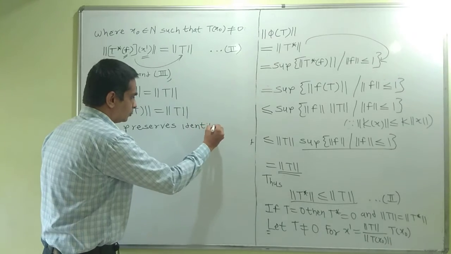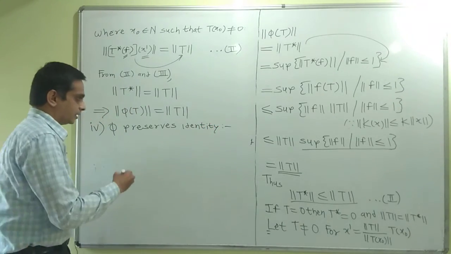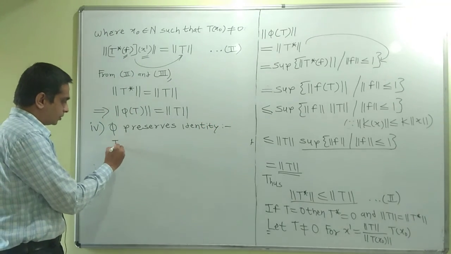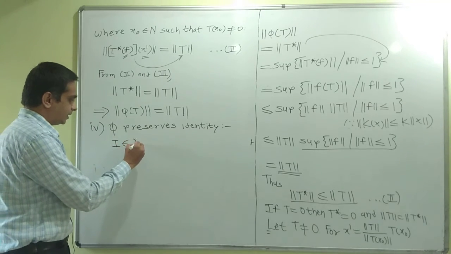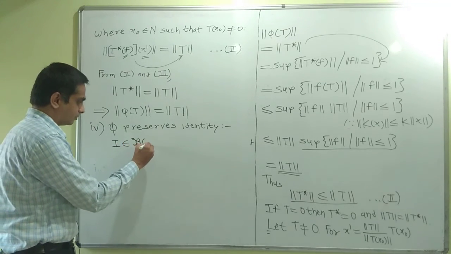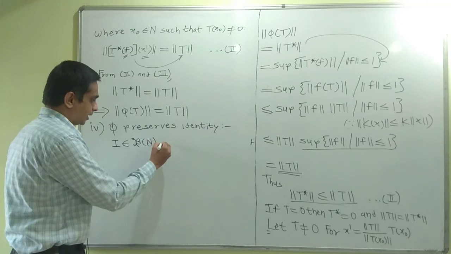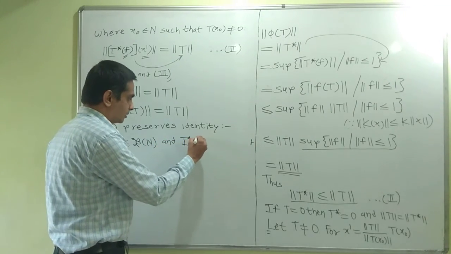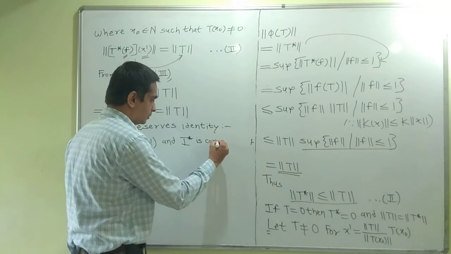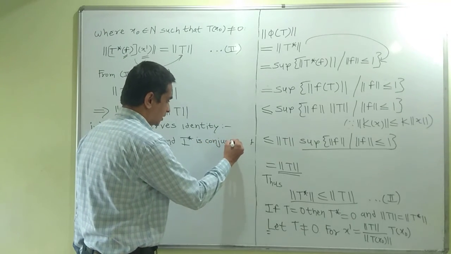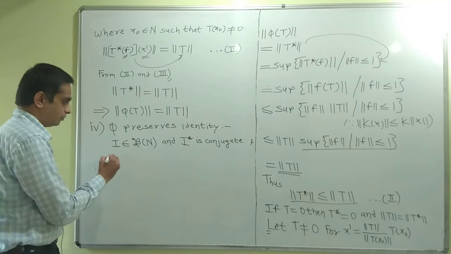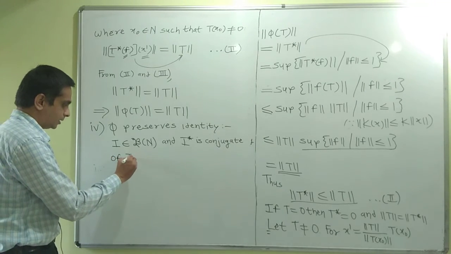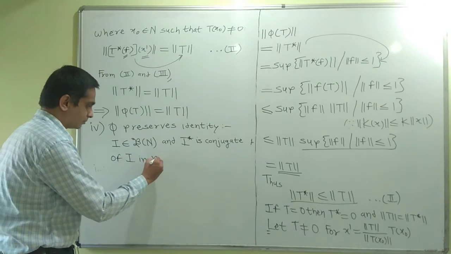You can easily prove this. I denotes identity in Bn, and I star is the conjugate of I in Bn star.